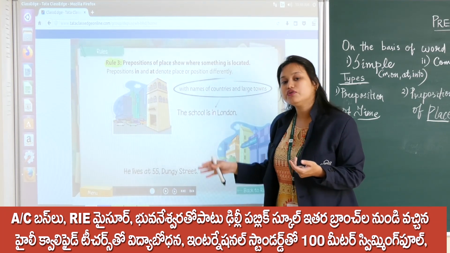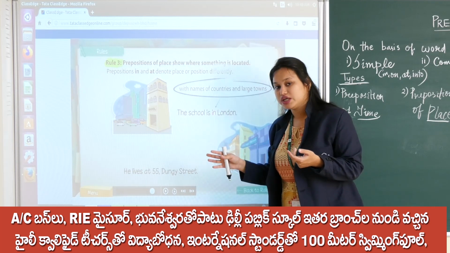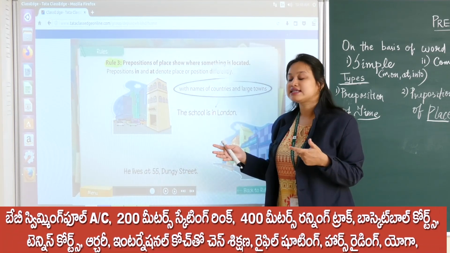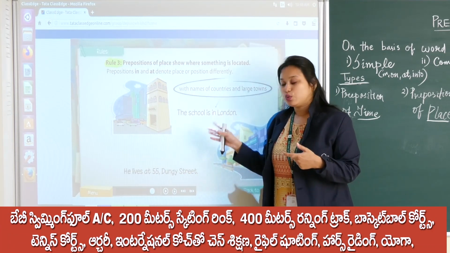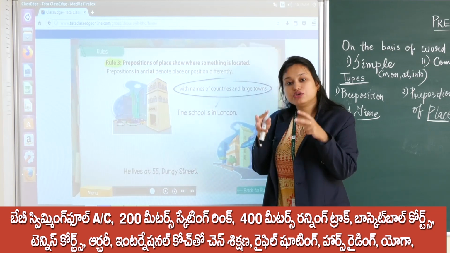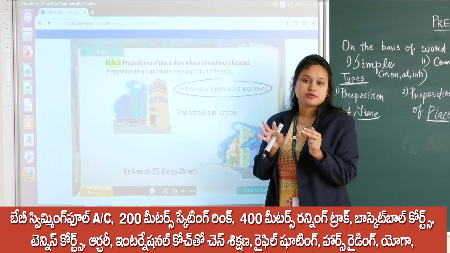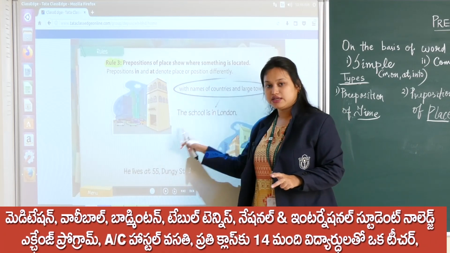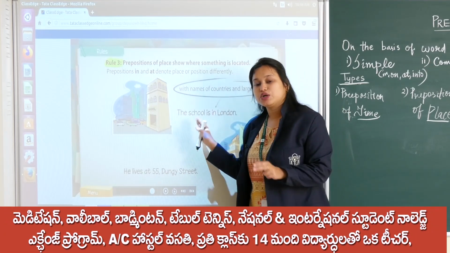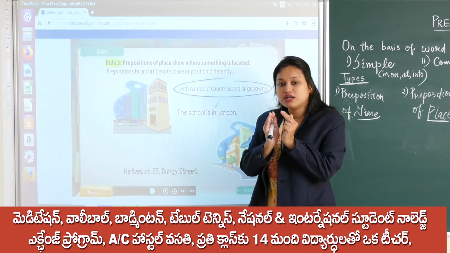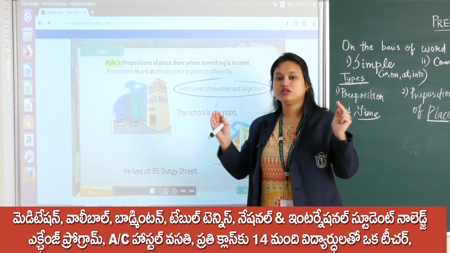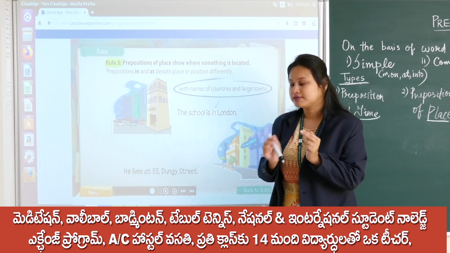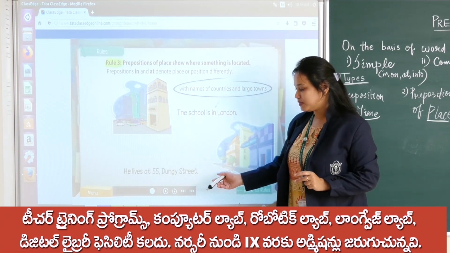So whenever we are talking about names of countries or large towns or cities, we use in. But when we are talking about a particular place, we use at. I hope this is clear. For a bigger area, we use in. But when we talk about a small area of a big picture, a particular area, then we use at.